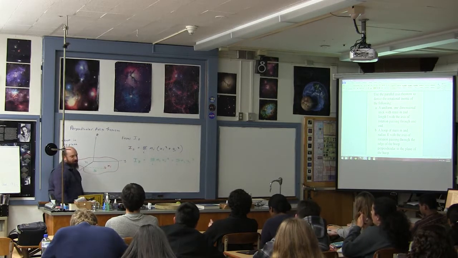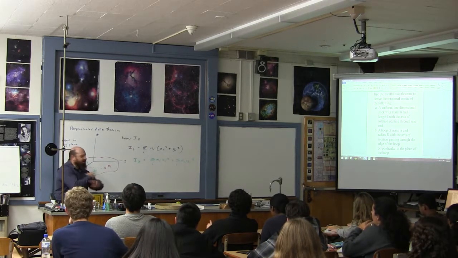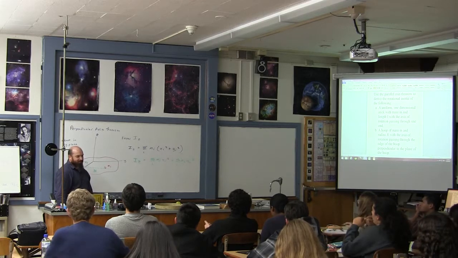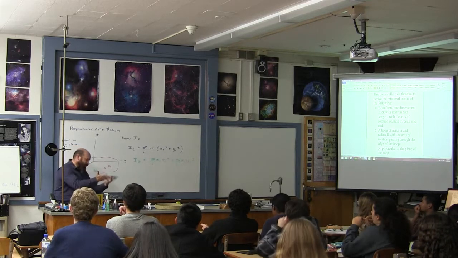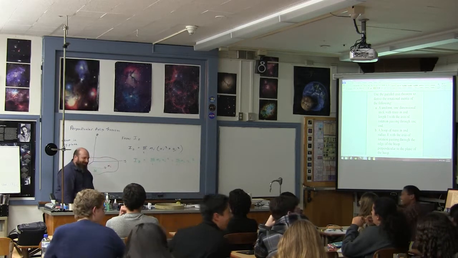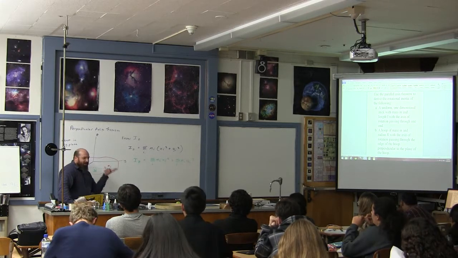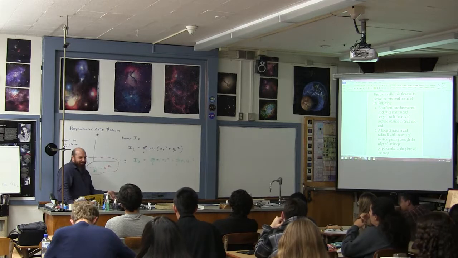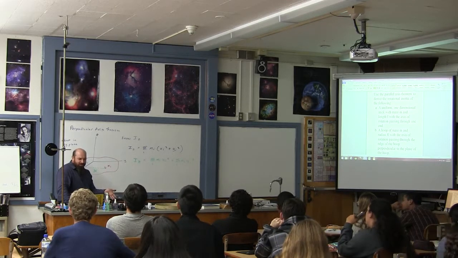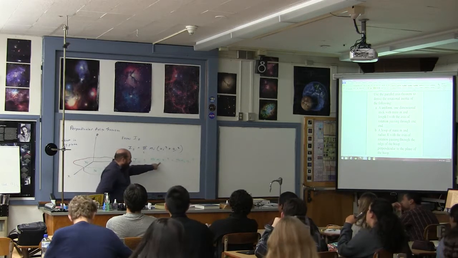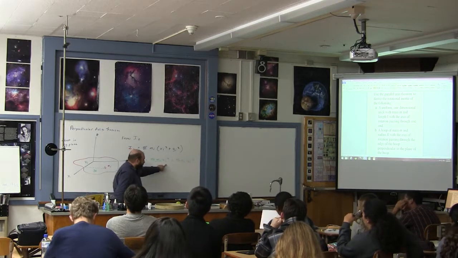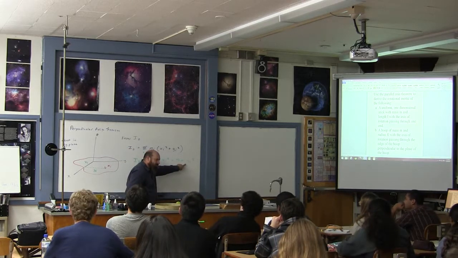It's another mr squared. So what is it? No, it's not a center of mass. No, it's not the center of the universe. It's an mr squared. It's a rotational inertia. That's right. This right here is a rotational inertia.